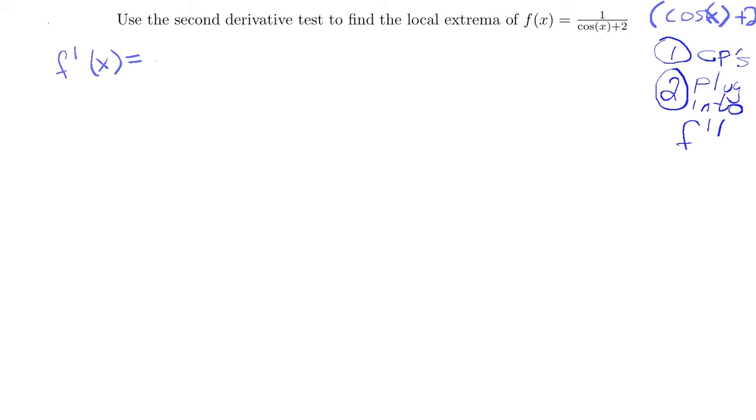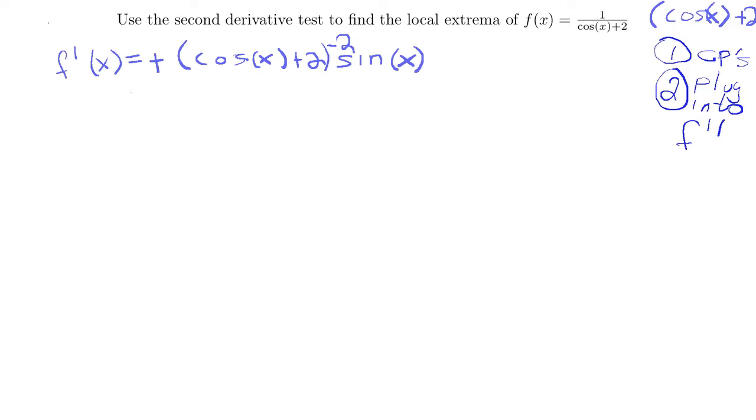So if we use the chain rule on that, we would get negative cosine of x plus 2 to the negative 2 times the derivative of the inside, which is going to be sine of x. It's actually negative sine of x, and so that makes this into a positive.